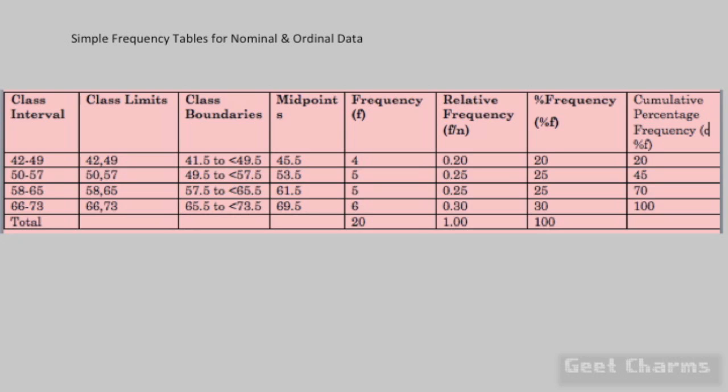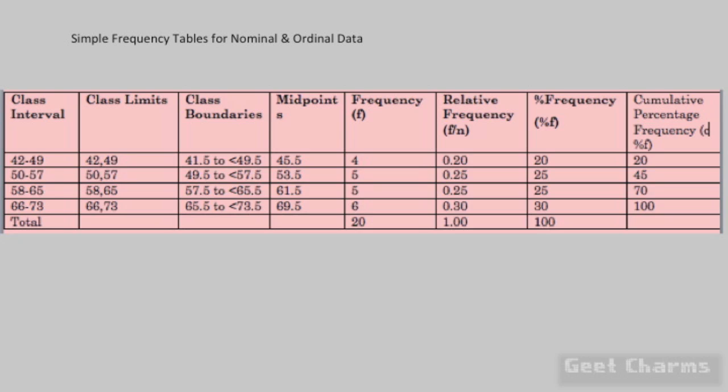So basically, to solve this, all you have to do is subtract 0.5 from the lower class limit and add 0.5 to the upper class limit for each class interval. The boundaries do not have a value separating them like class intervals do, since they are continuous.